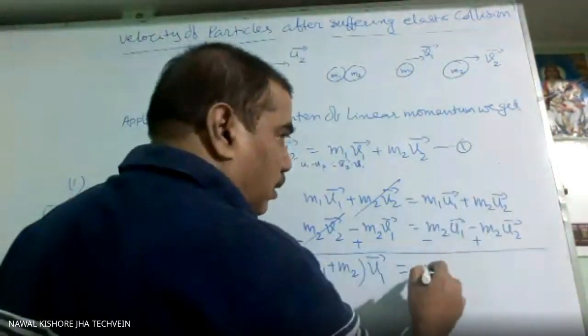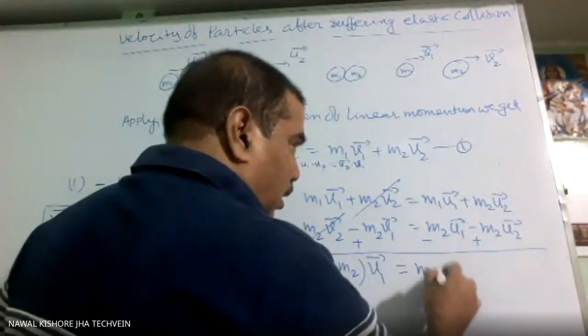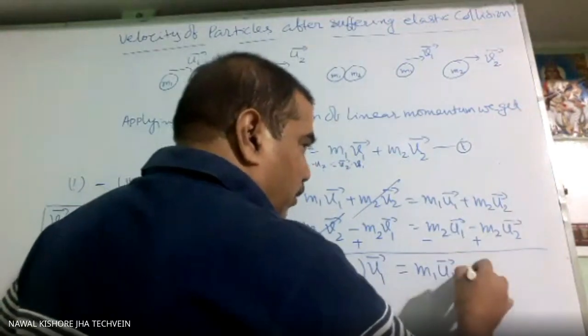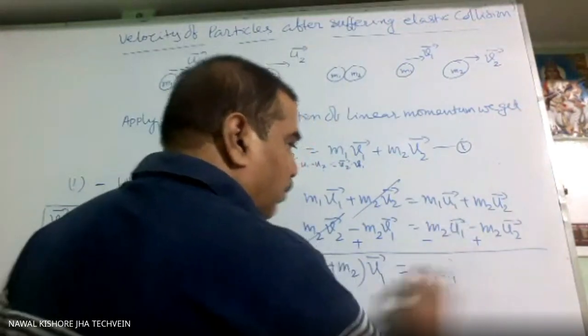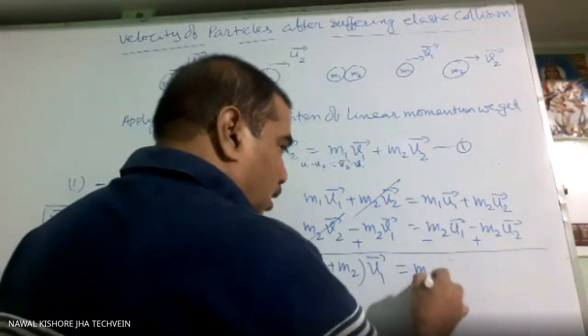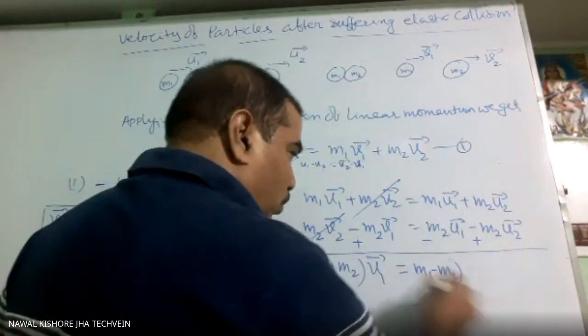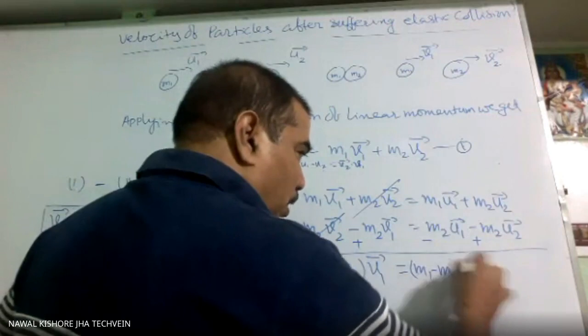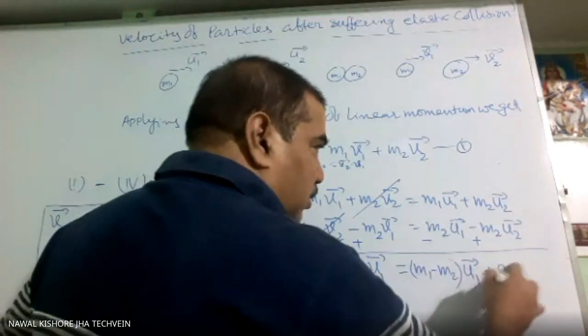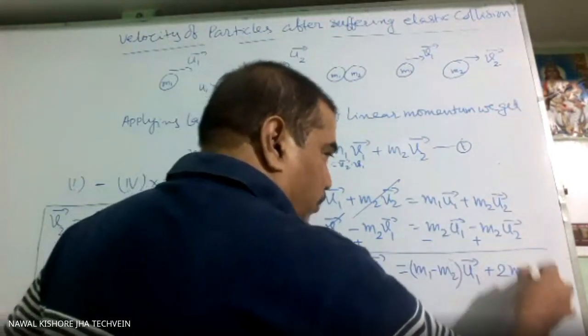Now M1 U1, we will take common, then what will come? M1 minus M2 U1 plus twice M2 U2.